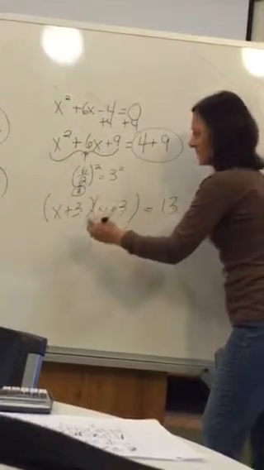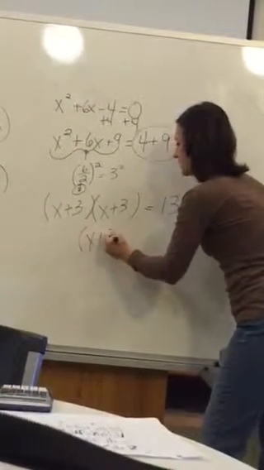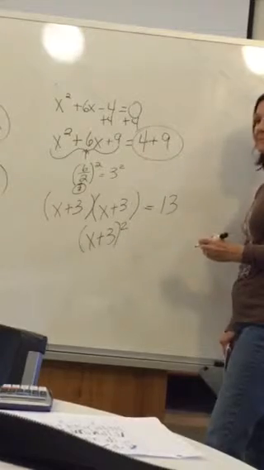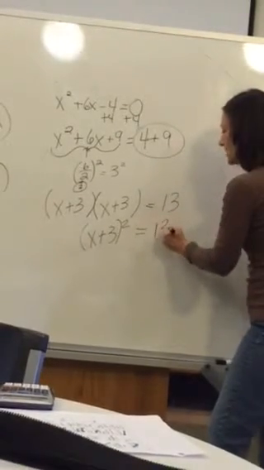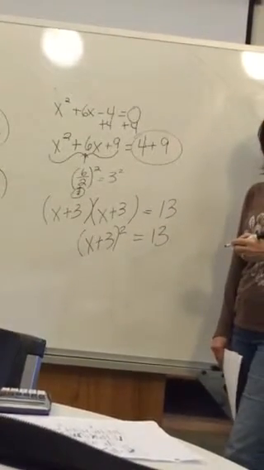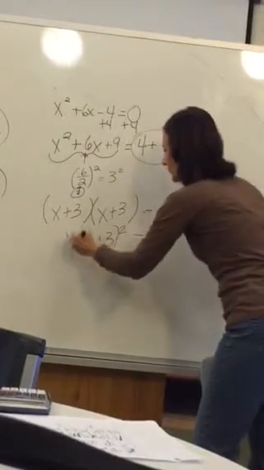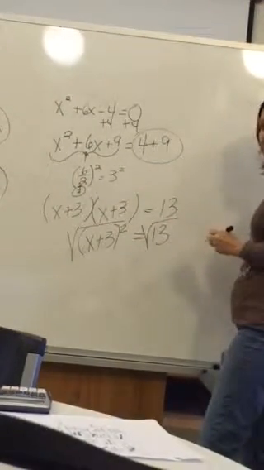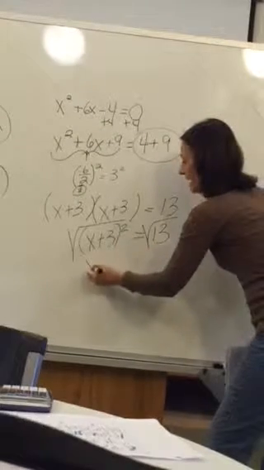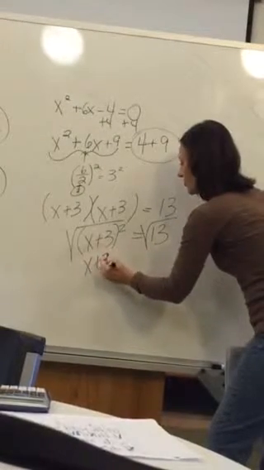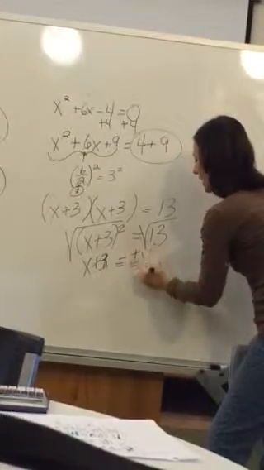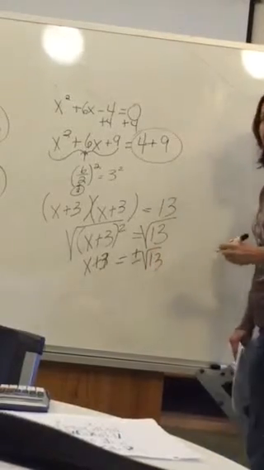Watch this. Isn't this the same as x plus 3 squared, equals 13? Now what can I do? Take the square root of both sides. And we have x plus 3 equals plus or minus the square root of 13, right?